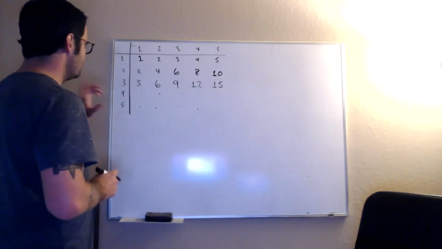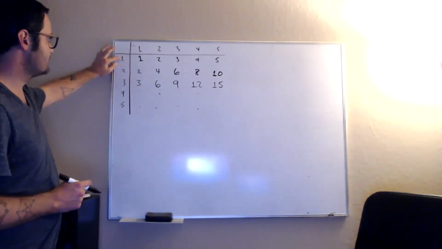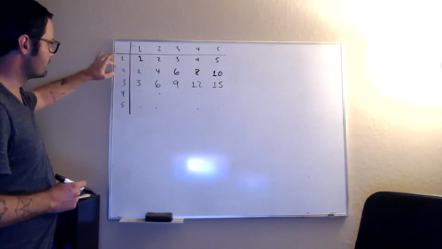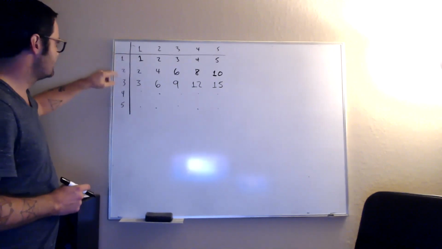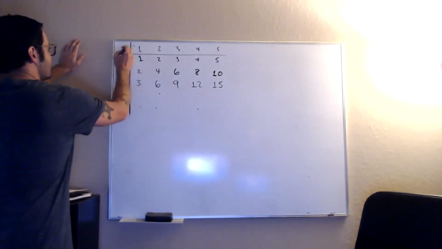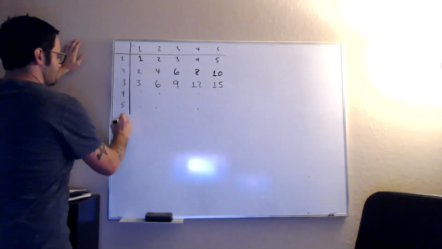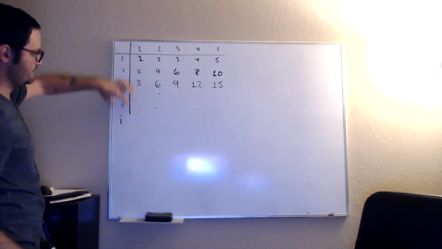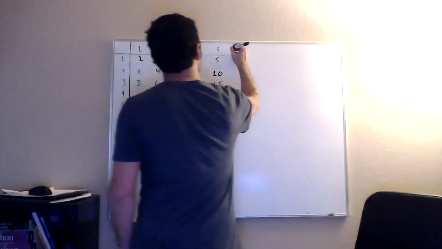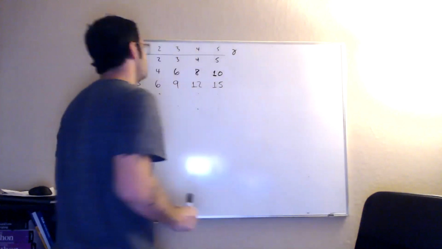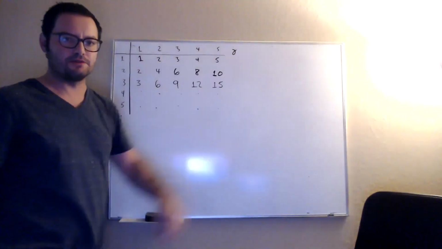So if we think of the row entries here as indices, we have I on this column here, and then J on this row here.